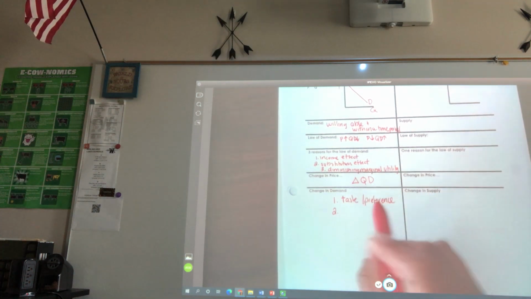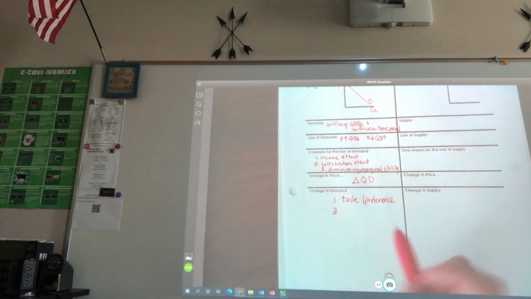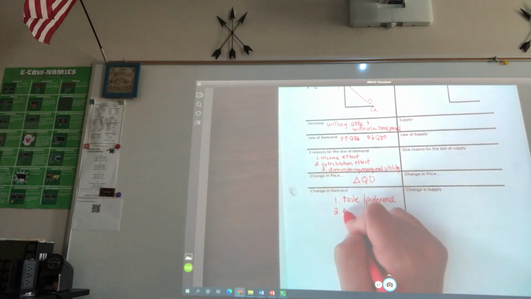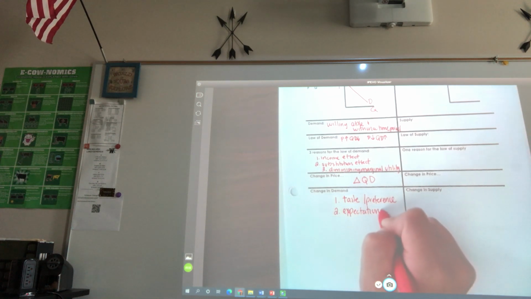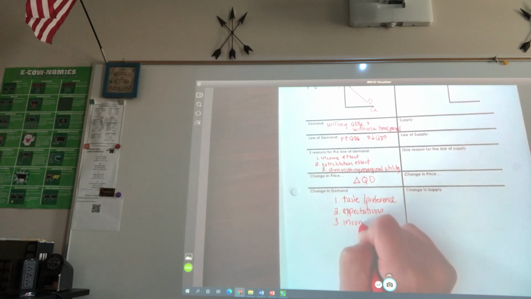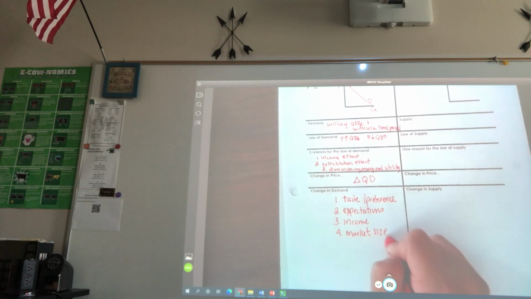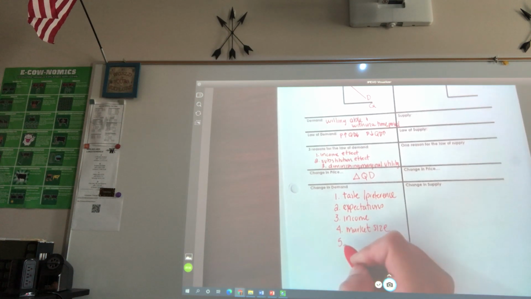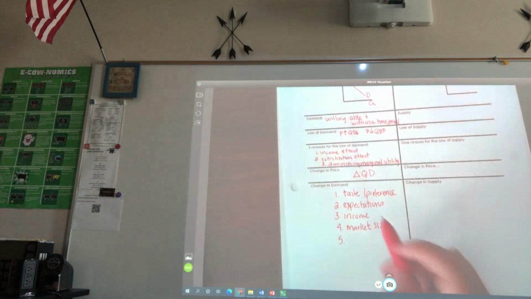A change in price is a change in quantity demanded. Okay. The next one is expectations. Income. Market size. And the last one is what we call our related goods.